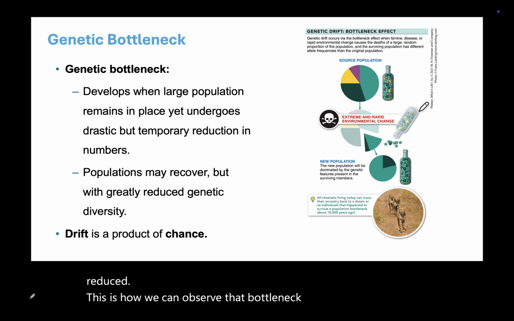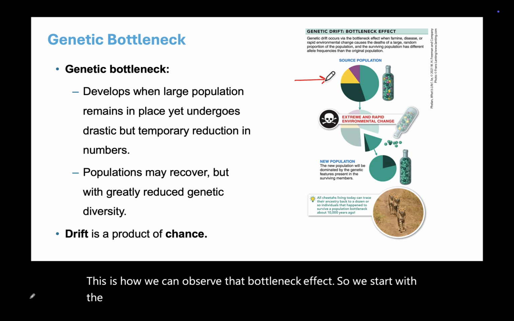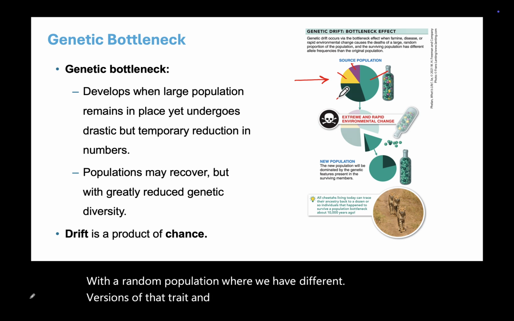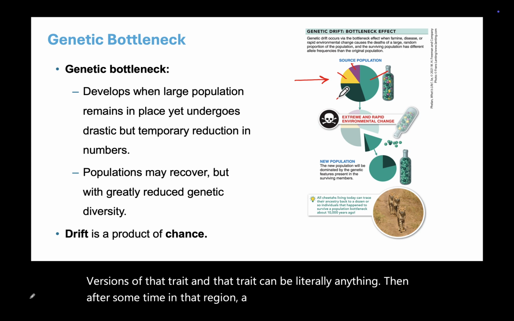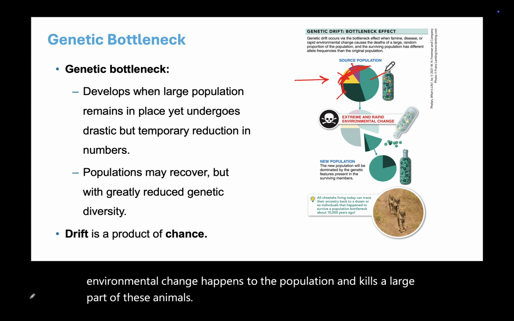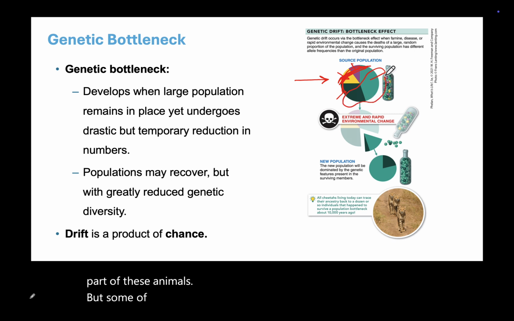This is how we can observe the bottleneck effect. We start with a random population where we have different versions of a trait, and that trait can be literally anything. Then, after some time in that region, a very extreme and rapid environmental change happens and kills a large part of these animals. But some of them still survived.